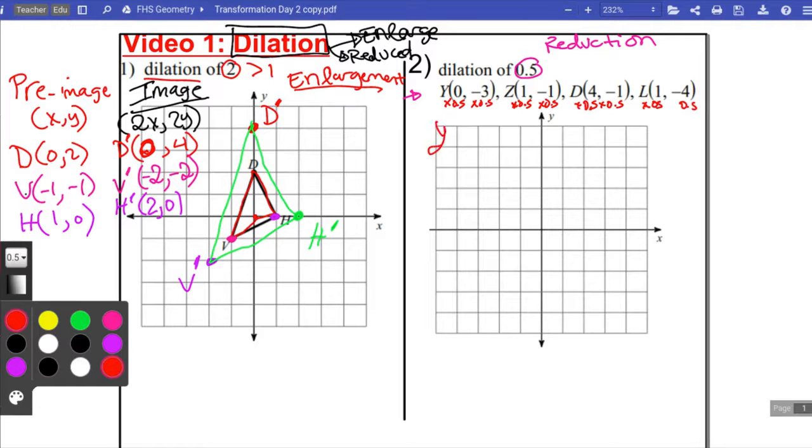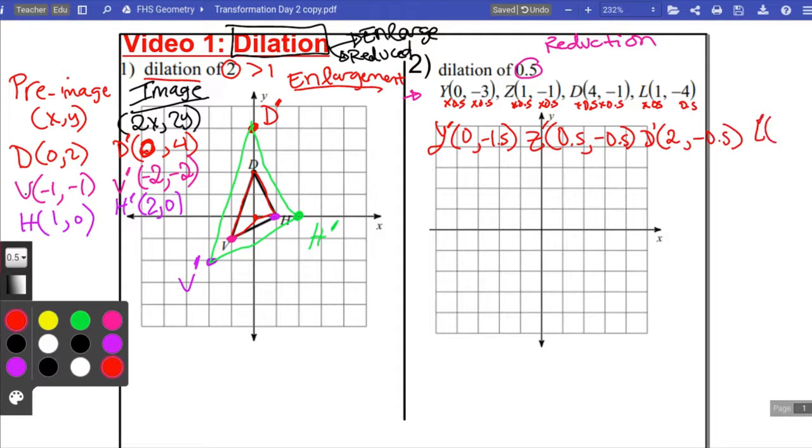Y prime is 0 times 0.5, 0. -3 times 0.5, you get -1.5. Oh, we got that. Z prime. 1 times 0.5, you get 0.5. -1 times 0.5, you get -0.5. D prime. 4 times 0.5, you get 2. -1 times 0.5, you get -0.5.